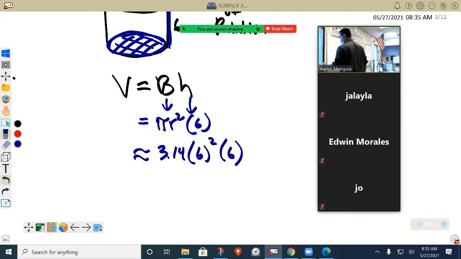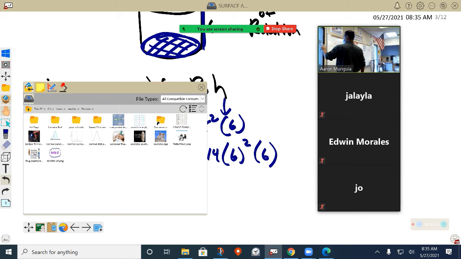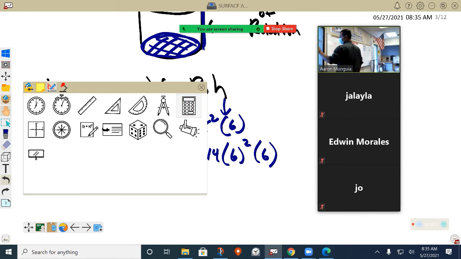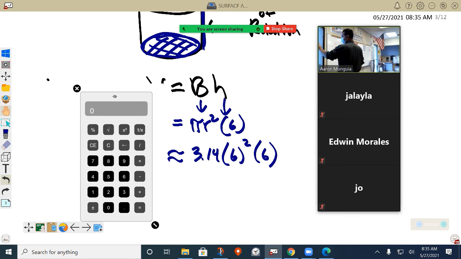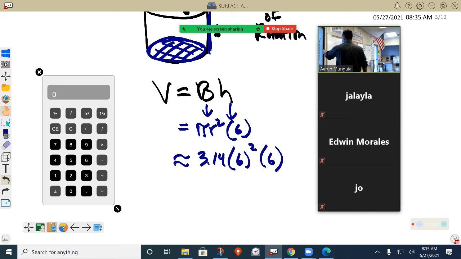Okay. So let me get my calculator out here. I got 3.14 times 6. Actually, no, it's going to be 36 now. I got to do the exponent first. So this is 3.14.